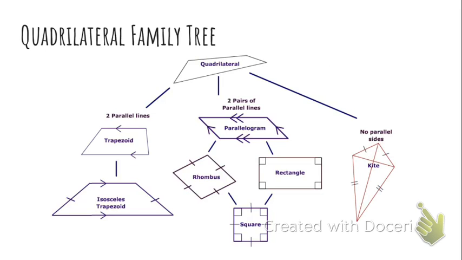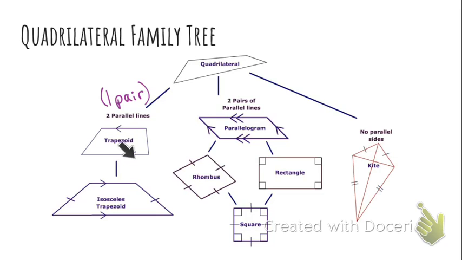It'll show you that we start off with a generic or general quadrilateral, and then we can classify it based on how many parallel lines there are. If you have one pair of parallel lines, then you're going to have a trapezoid.